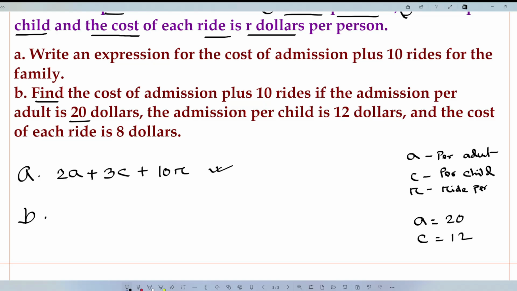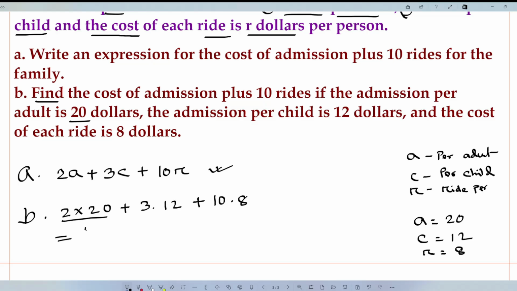And the cost of each ride is $8, so R means 8. So what will be the cost? Look, 2 times A means 20, plus 3C, 3 times C means 12, plus 10R, R means 8.